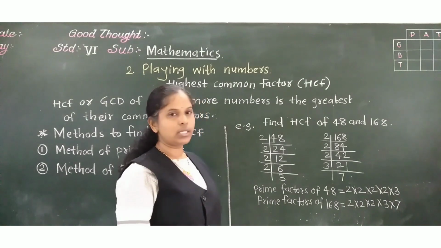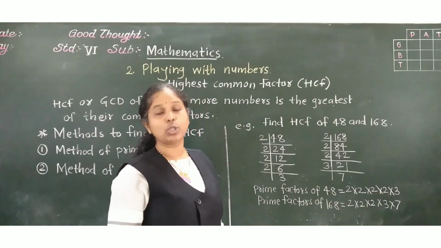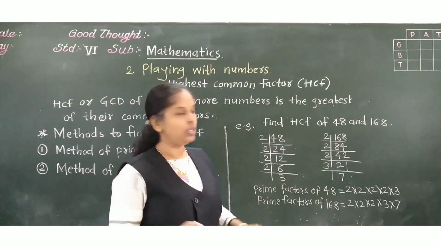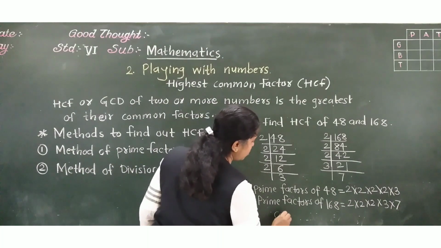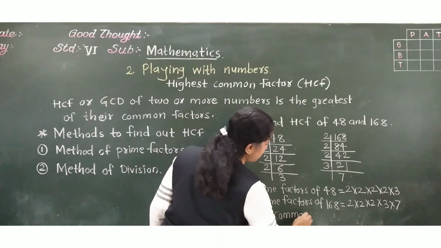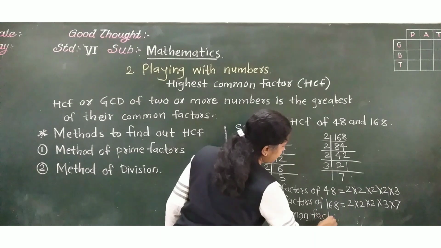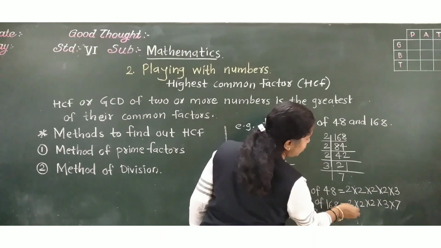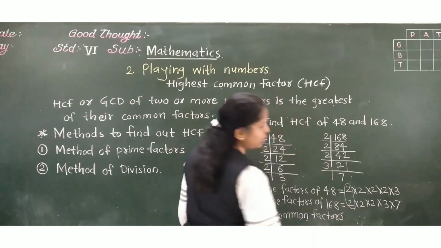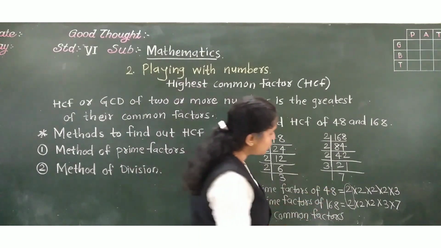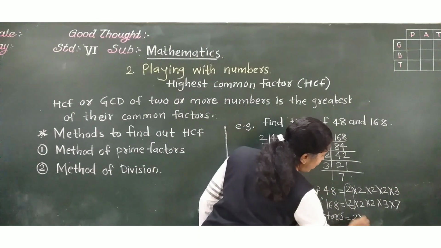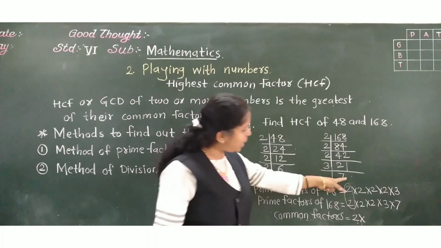Now, from this, which are the common factors? Only the common factors we have to take. See, 2 here also, both. So write that 2 one time only. One pair means we write it one time only.